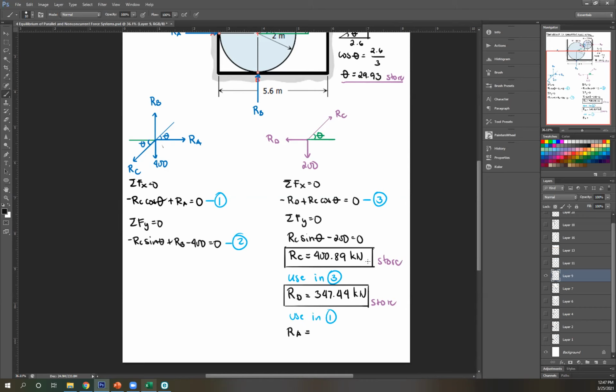Bakit naging 600 sagot niya? RA hinahanap ko. Using equation 1, so RA is 347.44. You're correct, Jermaine and Angela.